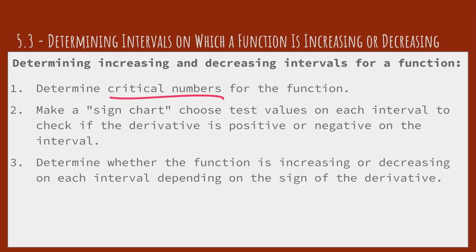So between the critical numbers, the function is always going to be increasing or it's always going to be decreasing. It cannot switch. So the derivative can only change signs where the derivative is either equal to 0 or the derivative is undefined. Then based on that sign chart, we're going to determine whether the function is increasing or decreasing. And again, I'll go through some examples of this in the example videos.